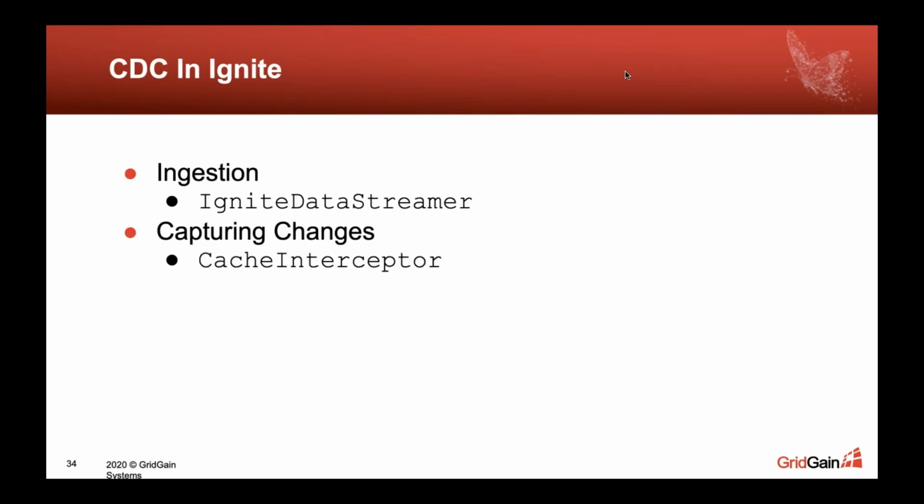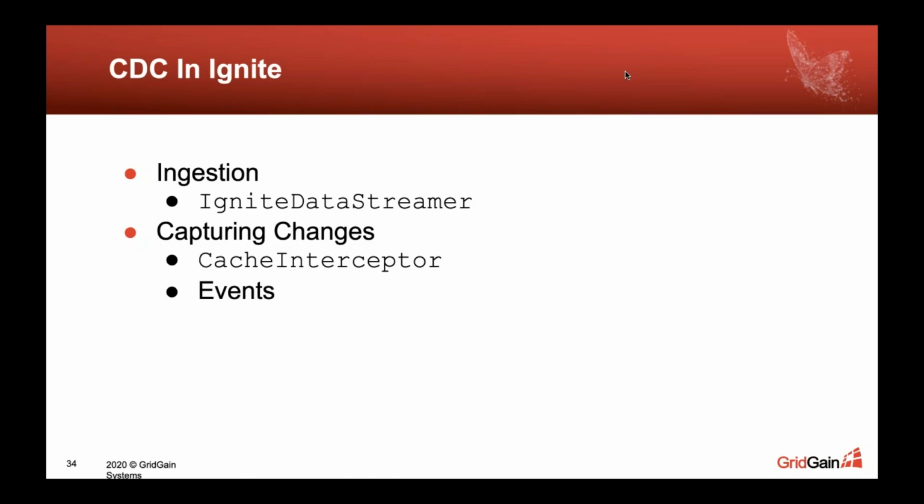For capturing changes, first tool that you can use is Cache Interceptor. It's invoked synchronously. It may change the values that are inserted or deleted from the cache. So in Cache Interceptor, for example, you can even check for some invariants and prevent a delete to happen.